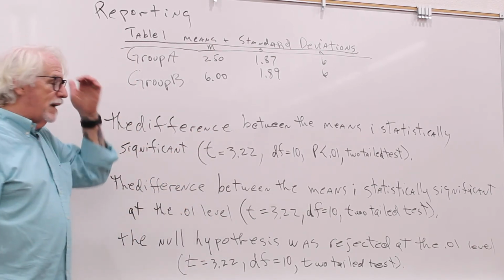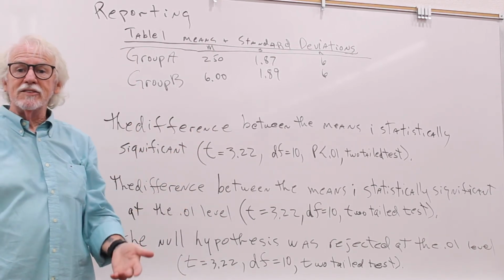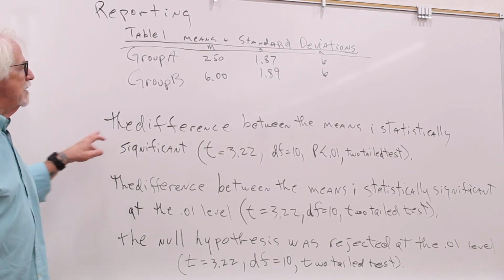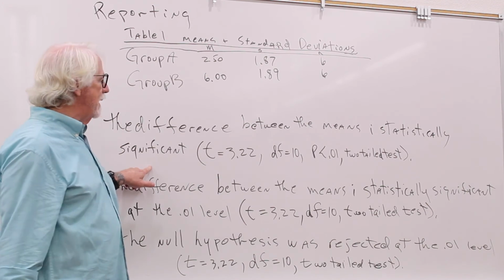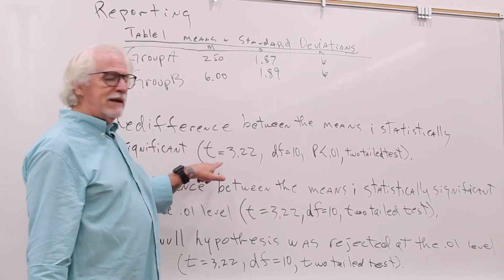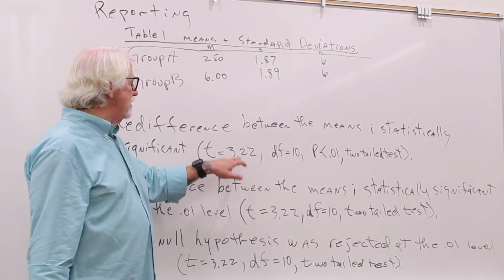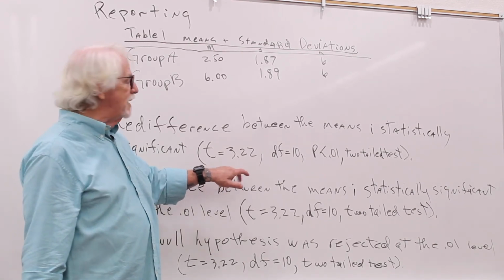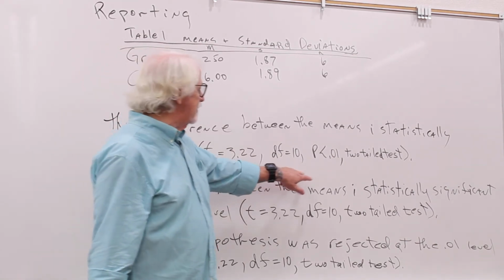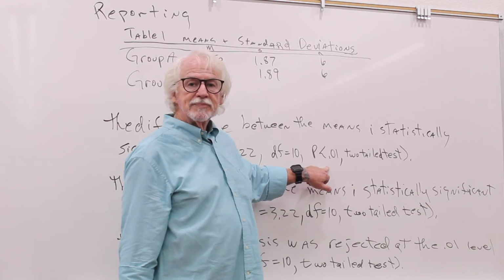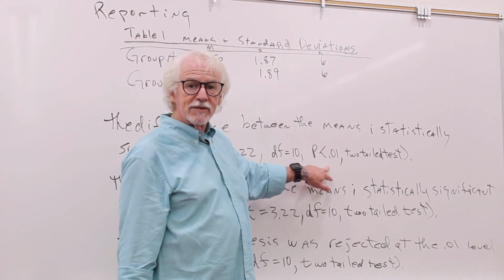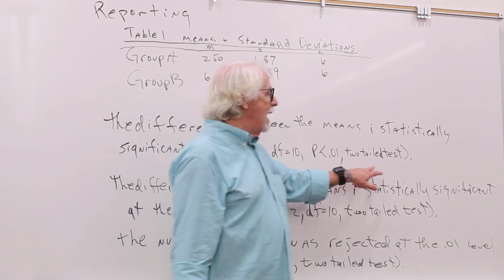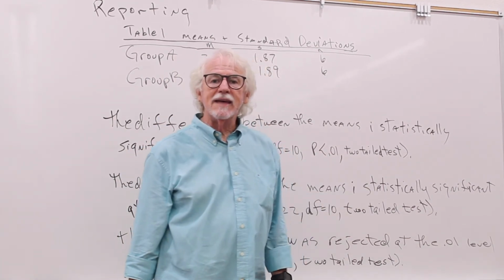And then this is the kind of sentence you write. The difference between the means is statistically significant. And then in the parentheses, you would put the values. t was equal to 3.22. There was a degree of freedom of 10. p was less than 0.01. So we were very confident about it, and we used the two-tailed test.